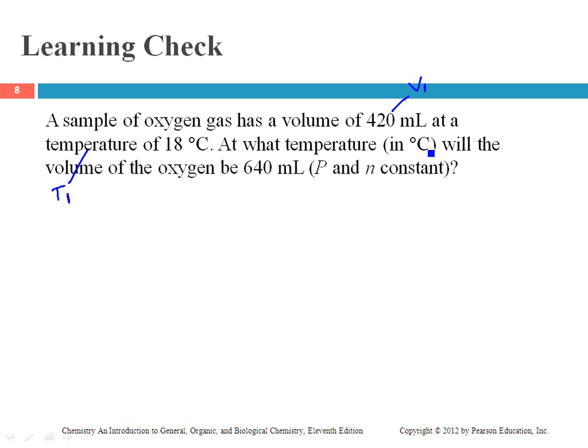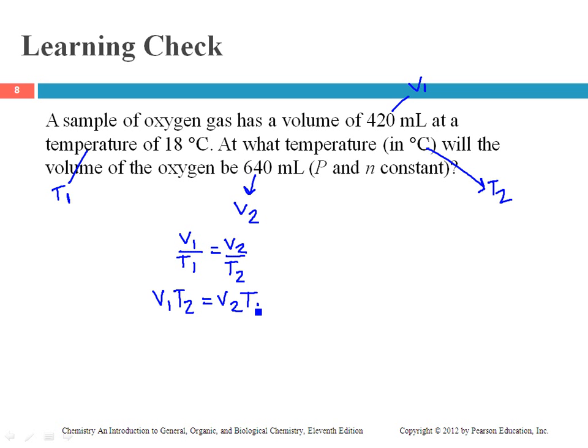We're looking for T2, and our V2 is 640. We write out Charles's Law, which gives us V1 T2 equals V2 T1. We are looking for T2, so we're going to divide by V1.